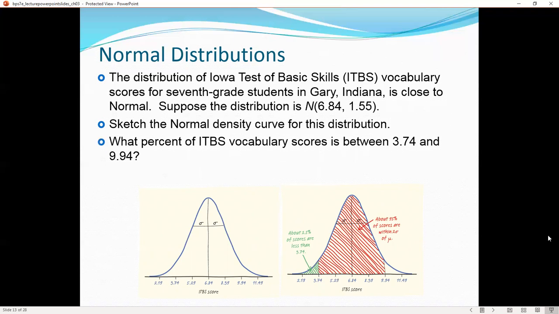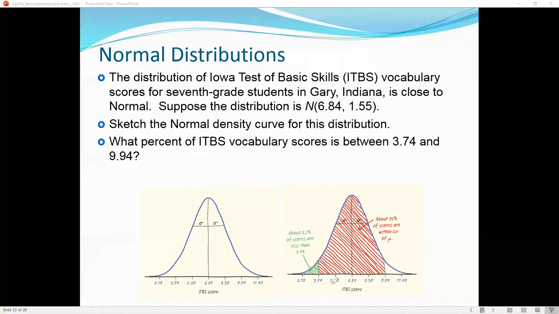If we draw a line at 5.29, then they're asking us for what area is represented by this amount, right?